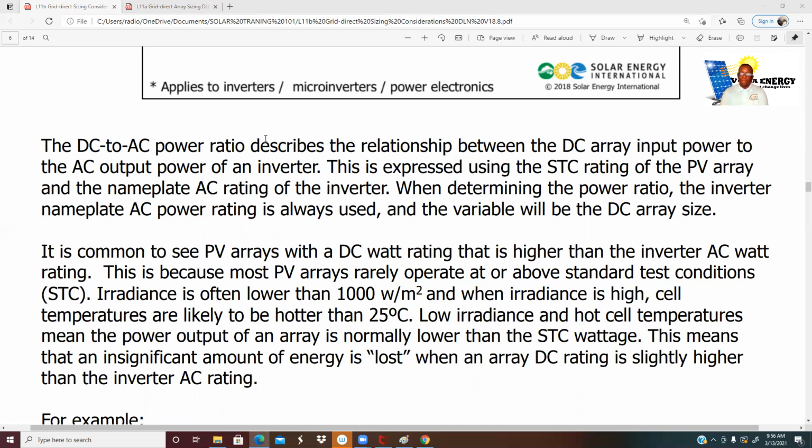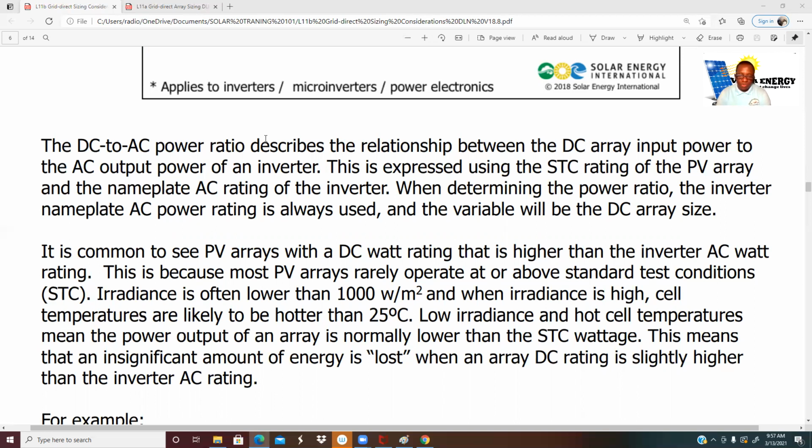When determining the power ratio, the inverter nameplate AC power rating is always used, and the variable will be the DC array size. It is common to see a PV array with a DC watts rating that is higher than the inverter AC watts rating. This is because most PV arrays rarely operate at or above the standard test conditions, STC. That's what STC is, standard test conditions.